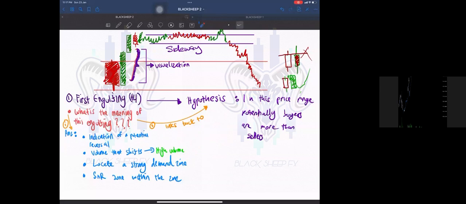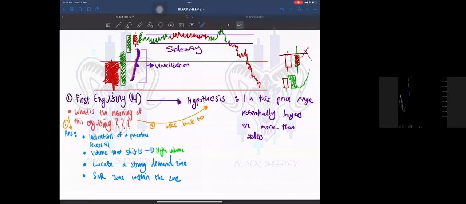If we are not able to locate high volume zones, we'll be making 10, 30 pips. Either buy or sell, doesn't matter. And through the development of the first engulfing appearance, we are able to also locate a strong demand zone. So far, everyone clear?